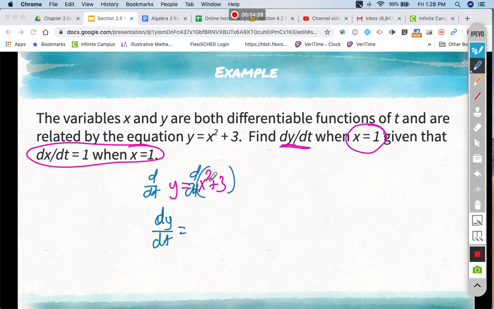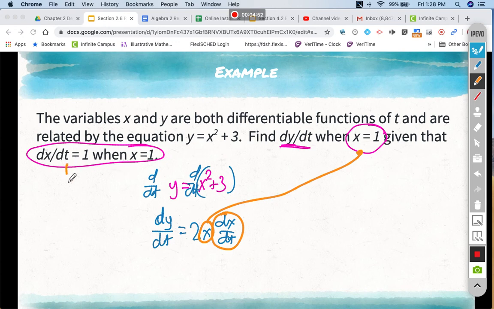The derivative of x squared is going to be 2x dx/dt. The derivative of 3 is just 0. But you notice, to do this, I need to know x, and I need to know dx/dt. Well, we know x, and I know dx/dt.